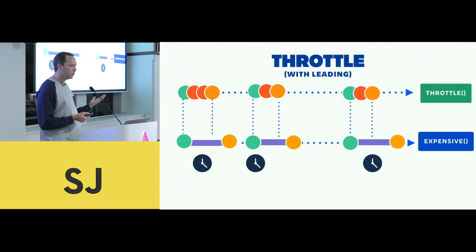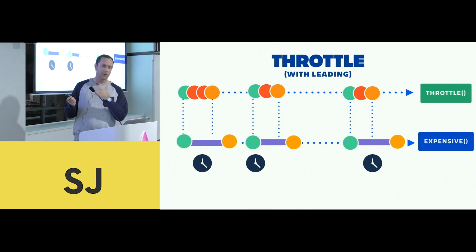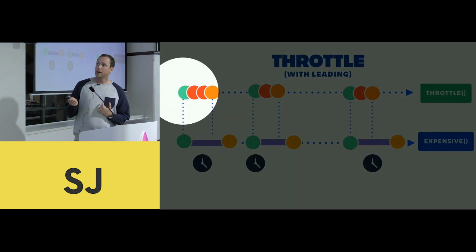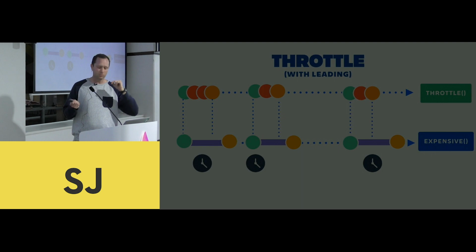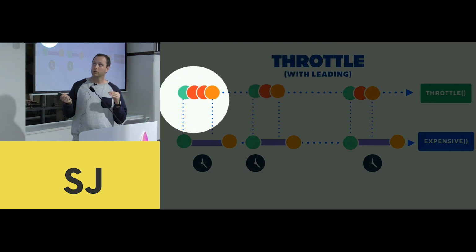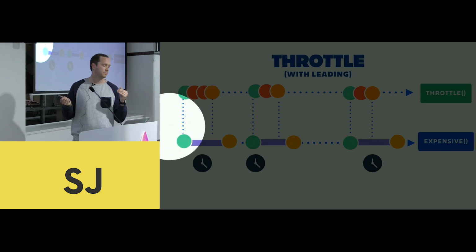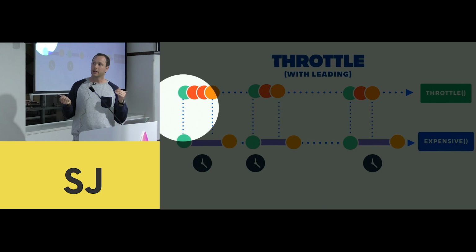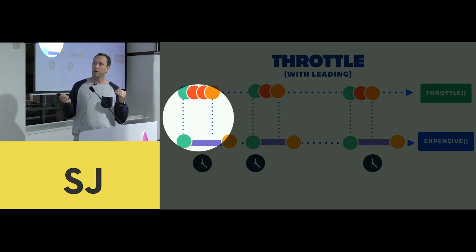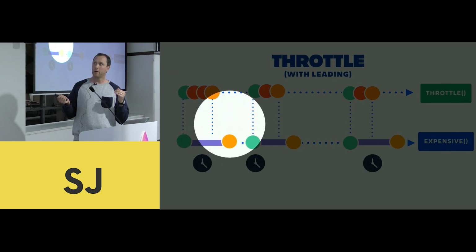This is actually the default in Lodash, I think. It's a variant on that one I saw before. And the idea being that the first time the function is called, if there's no existing timer, it will execute immediately. So you can see in this case, it's executing that function immediately, and then these 2 red ones start a timer, these 2 red ones get dropped, this third one comes in, there's nothing, and then that one happens.